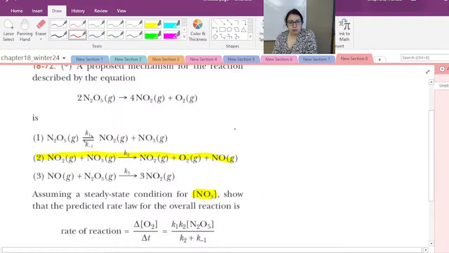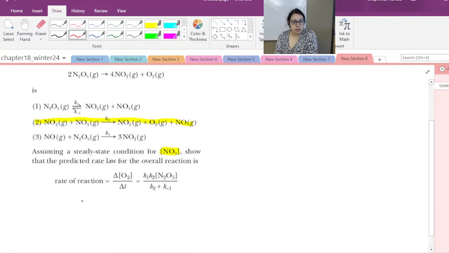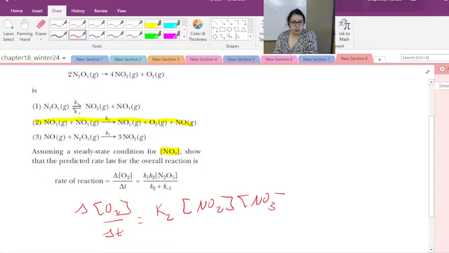And so we're saying, okay, well that means based off of 2, that's some sort of rate of oxygen over time has to be dependent on, right, our K2 times, and then, right, just based off of these concentrations, so NO2 and NO3. So this was a good first step, right, just writing that out. And so what's the problem with this?